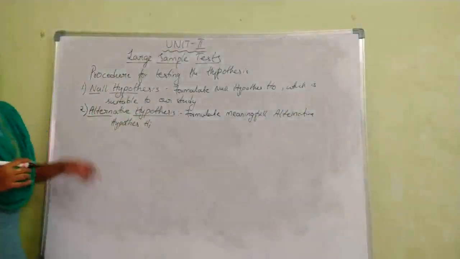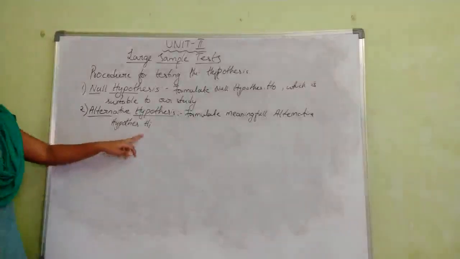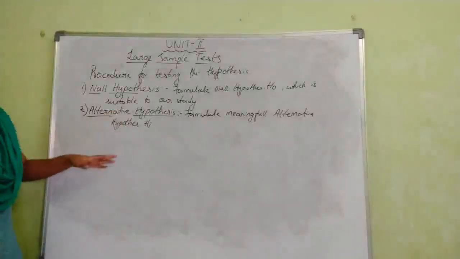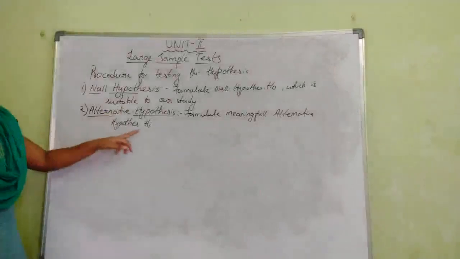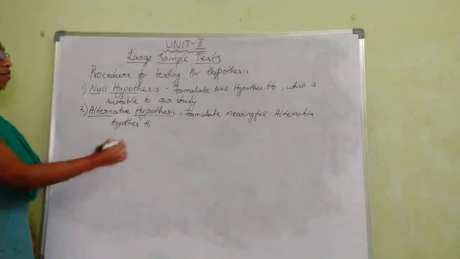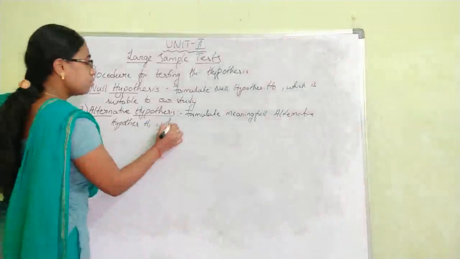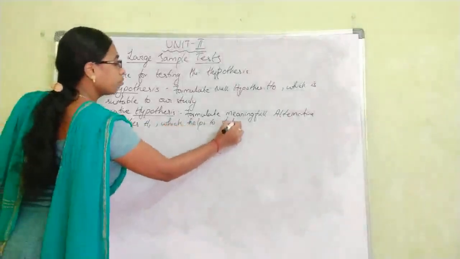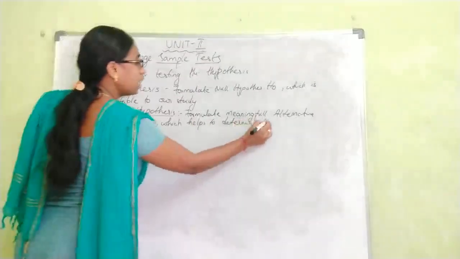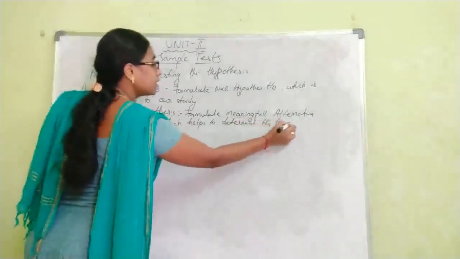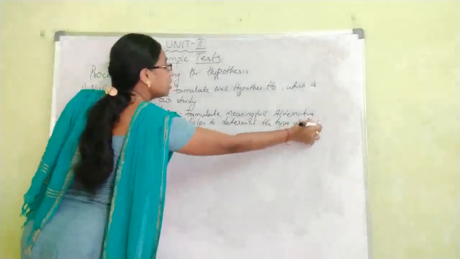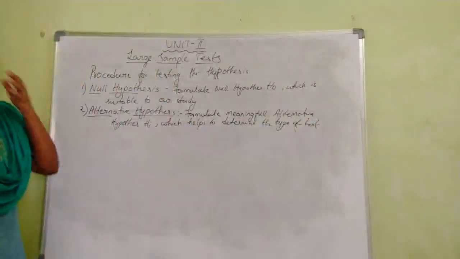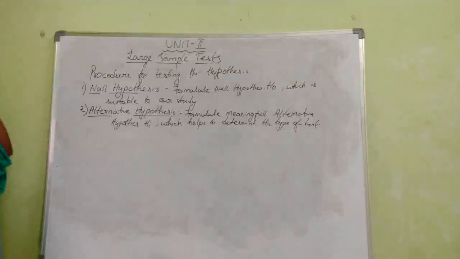The alternative hypothesis is used to decide the type of the test. We have to define it very carefully, because it helps to determine the type of test. That means based on this alternative hypothesis only, we are going to decide whether it is a one-tail test or a two-tail test.